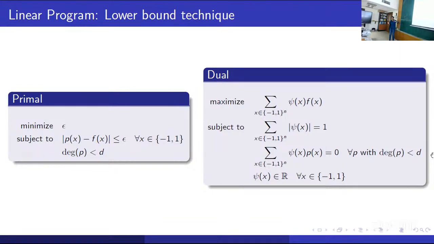So the third condition, it might be useful to say it this way: instead of looking at all polynomials P, you are looking at just the monomials, right? Right. And therefore psi has no monomial, the Fourier coefficients of psi below degree D are 0. Right. That's generalized.